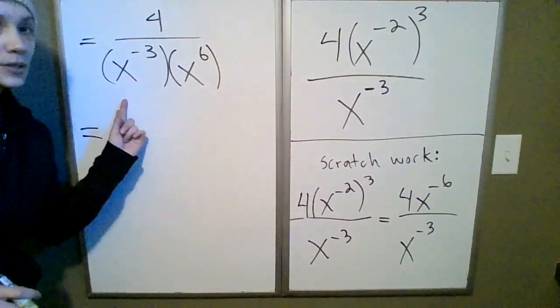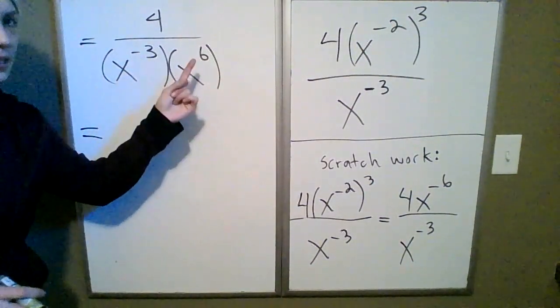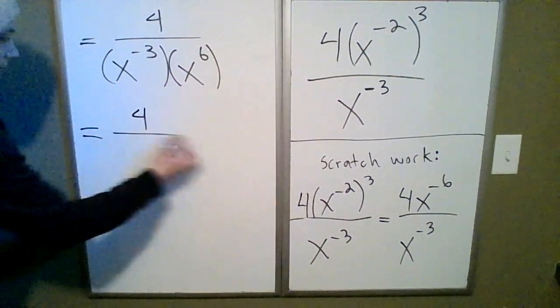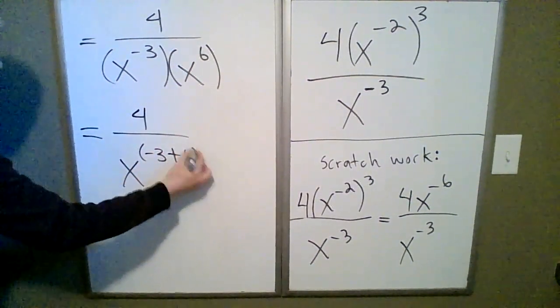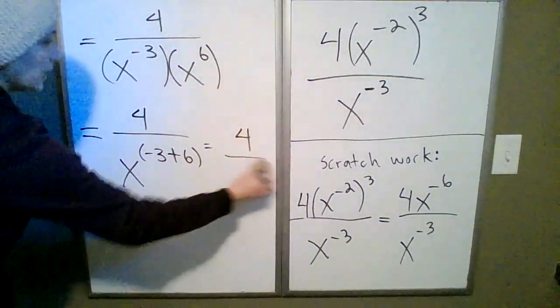Or over x to a power of -3 plus 6. So 4 over x cubed.